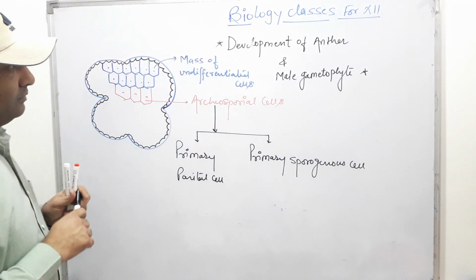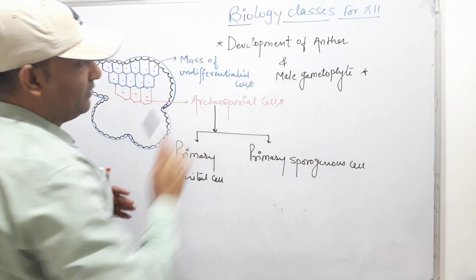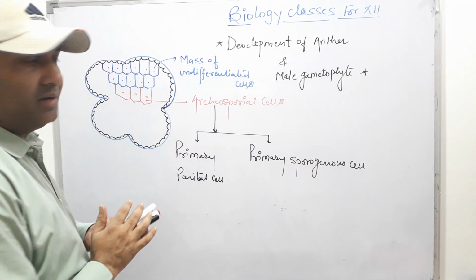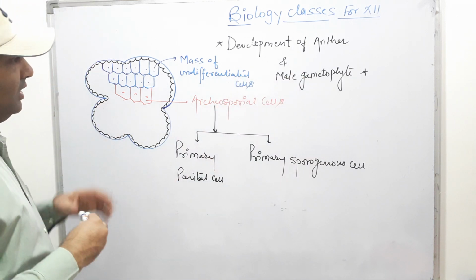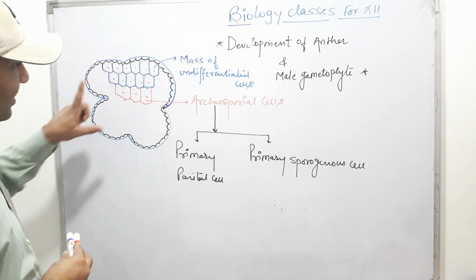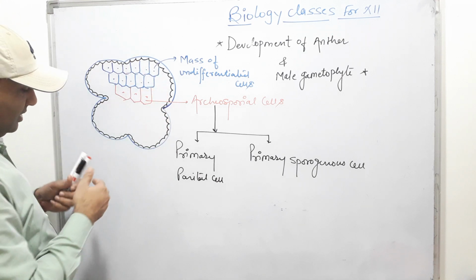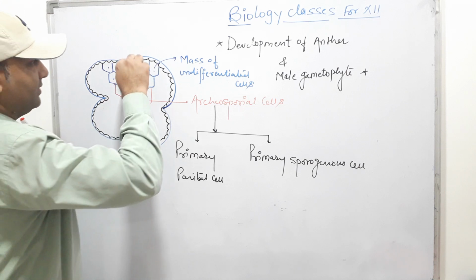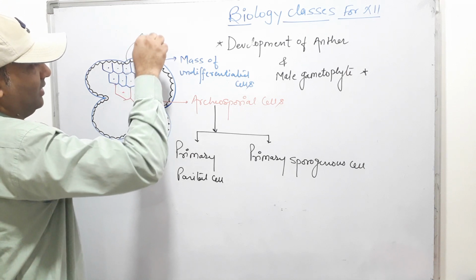So again, we are discussing the development of anther, that means how anther develops. During development, when it is in immature form, it contains just an outer covering which is called epidermis or epidermal layer.